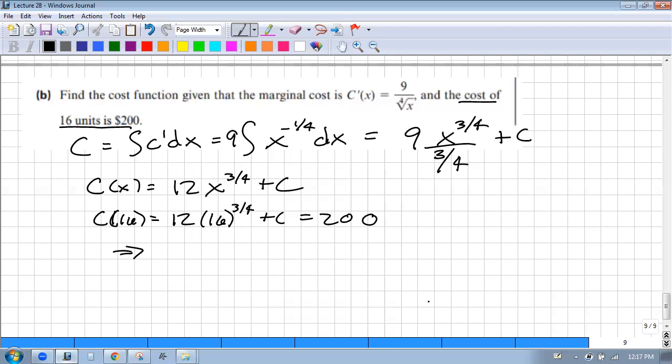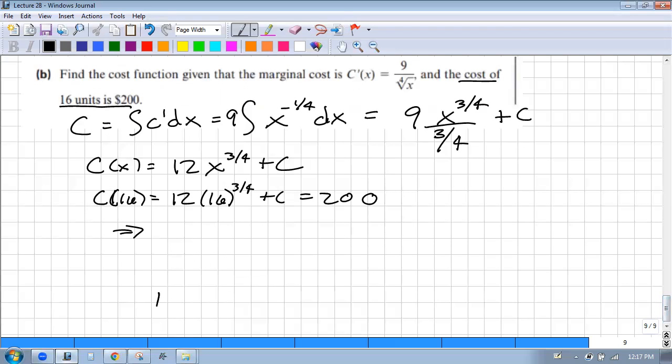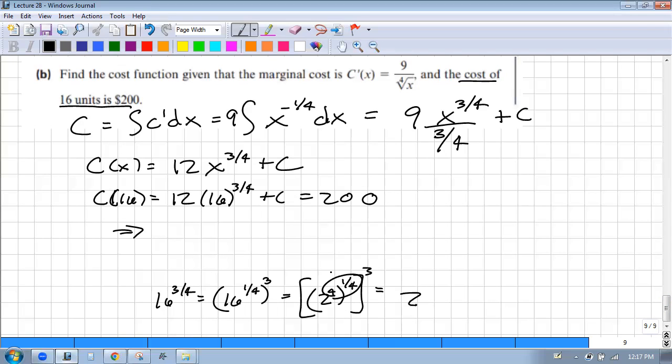What is 16 to the 3/4? 16 to the 3/4 would be 16 to the 1/4 cubed, but 16 is 2 to the 4th, all right? And an exponent to an exponent you multiply, so this is just 2 cubed, which is 8. So this is 12 times 8. And 12 times 8 is what, 96?